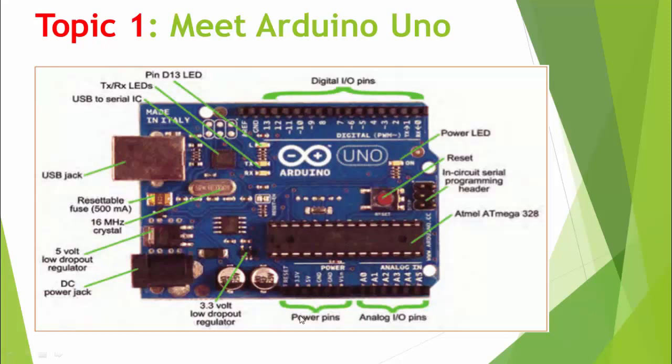These input and output pins work just like a breadboard does to connect up to various things. It also has a USB jack that allows it to connect up to a PC or other devices such that you can program it. And there are many other small components associated with it.